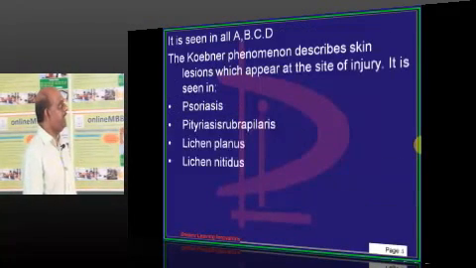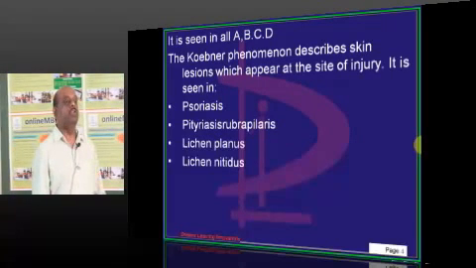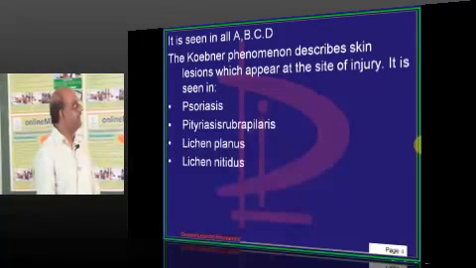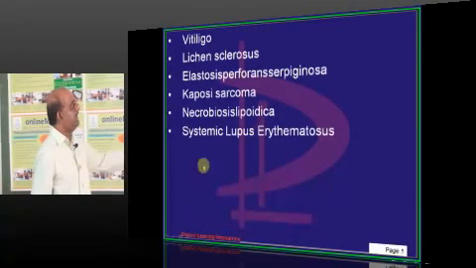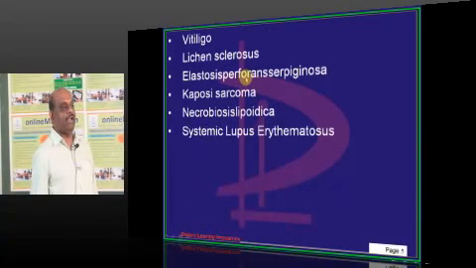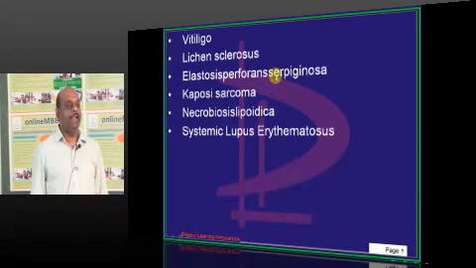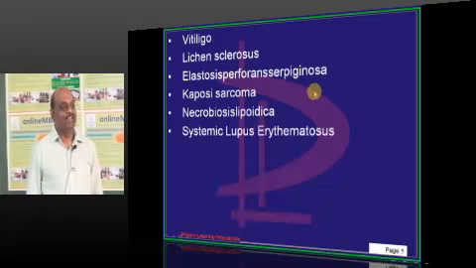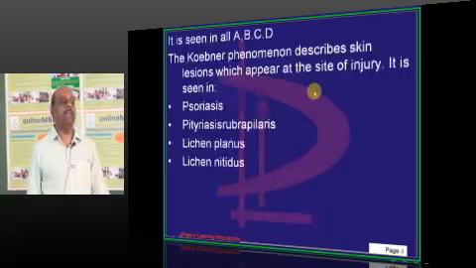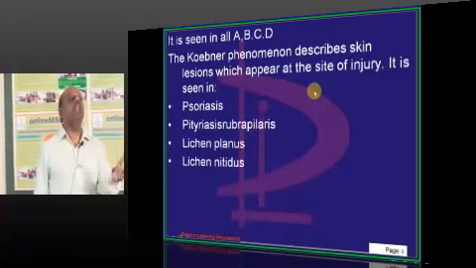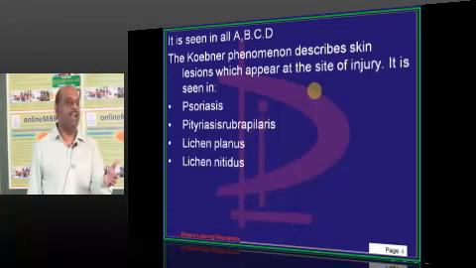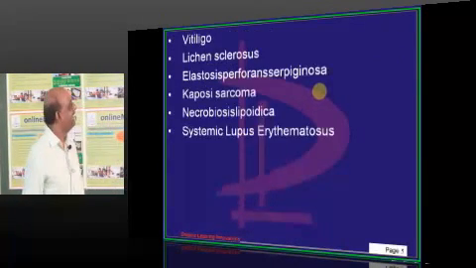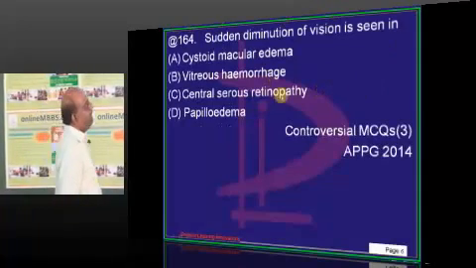Come on, doctor. You go to Wikipedia. Psoriasis, pityriasis, SLE, necrobiosis lipoidica. If you open Koebner phenomenon on Wikipedia, SLE is also included. So it can entertain multiple answers. If you have gone wrong, you go and fight. If you are right, forget about it. Don't fight.